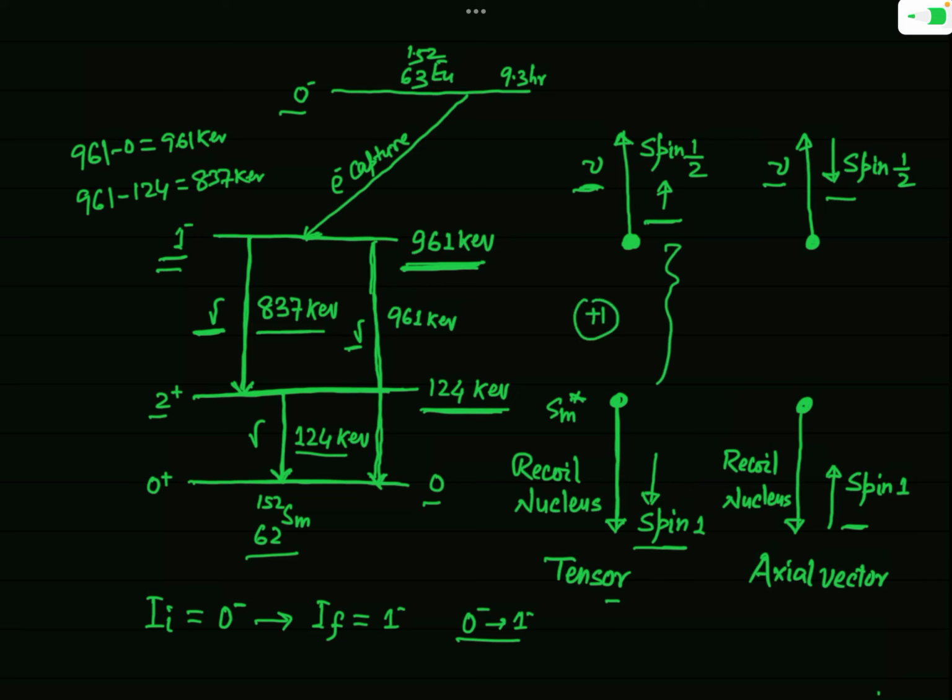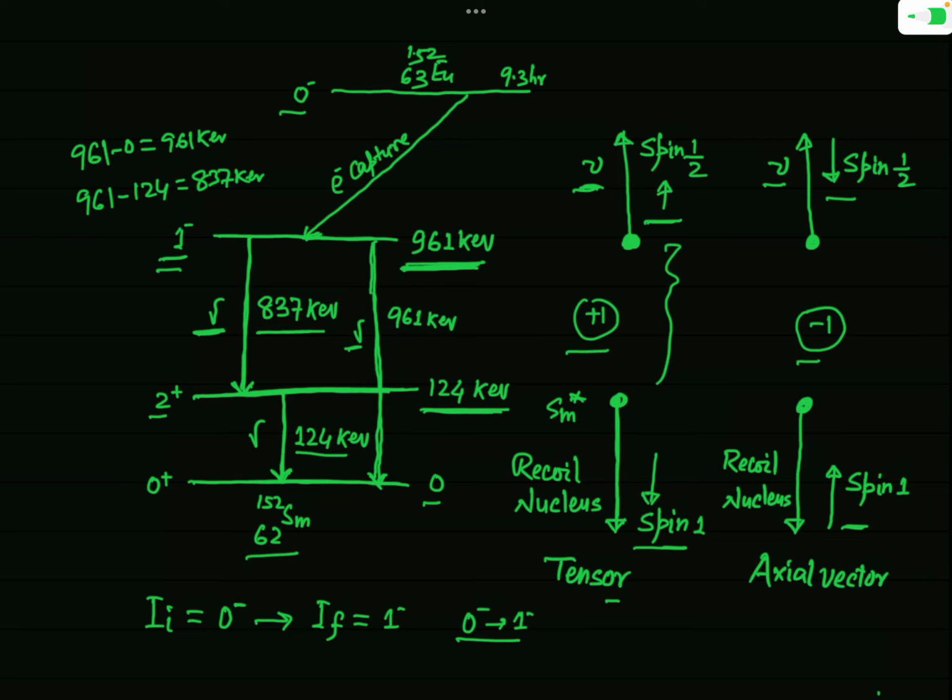But if it is the axial vector interaction, then the helicity will be equal to -1. So in this condition we can simply say that there are two possibilities. In the first possibility, the recoil nucleus and neutrino both have helicity +1, and in the second possibility both have helicity -1.